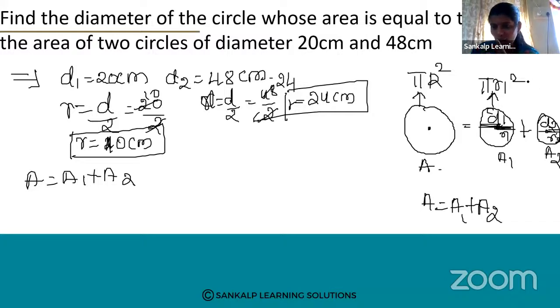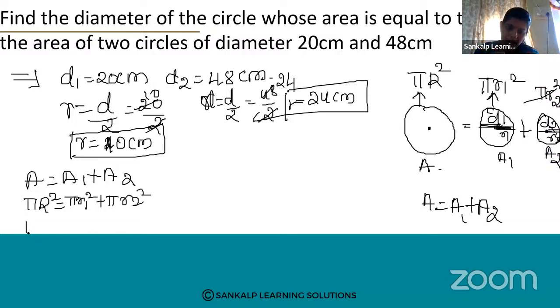Then the area of the circle becomes pi r2 square. Right? So this one is pi r1 square, and this is pi r2 square. Therefore, pi r square is equal to pi r1 square plus pi r2 square. Right? Now, pi r square is equal to, take pi common, pi into r1 square plus r2 square.